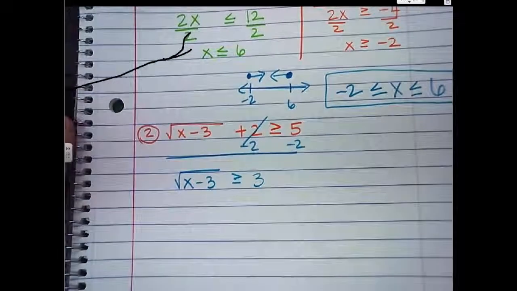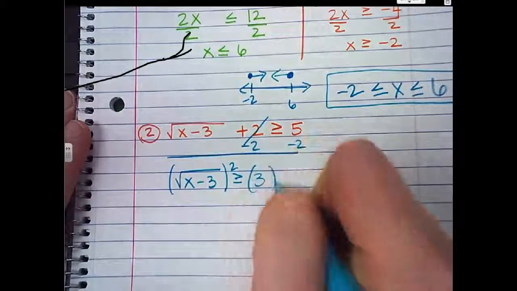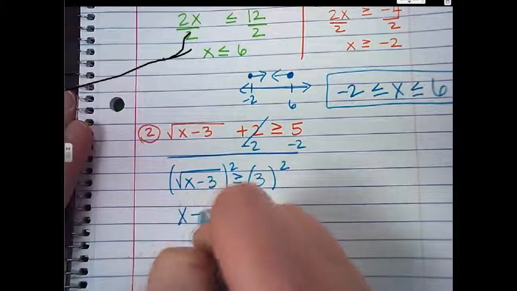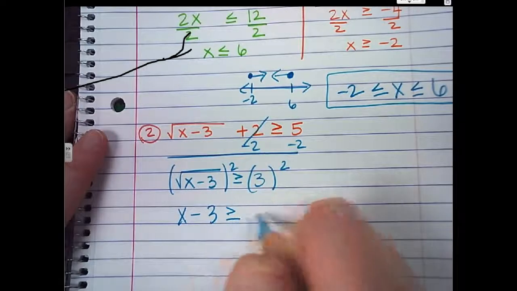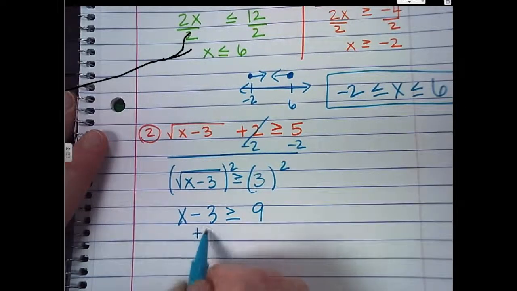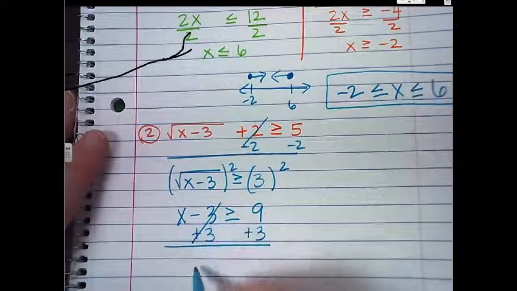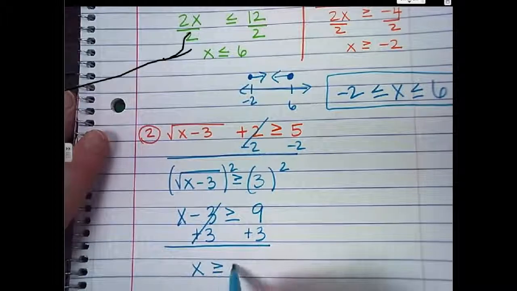And now same process. Square both sides. So x minus 3 is greater than or equal to 9. Add 3. X is greater than or equal to 12.